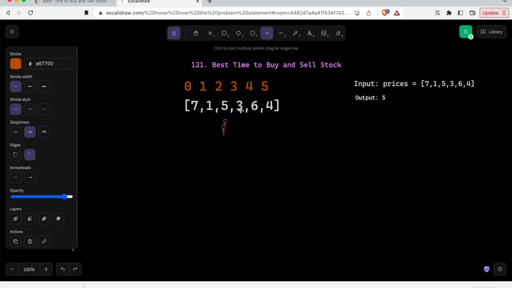Even though I have to sell in the future, let's assume this is my future and I have to sell at 5. To achieve a profit, I'll have to buy beforehand. If I buy at 7, there will be no profit for me, definitely a loss. But if I buy at 1, there will be a profit of 4, 5 minus 1, which will be the maximum profit.